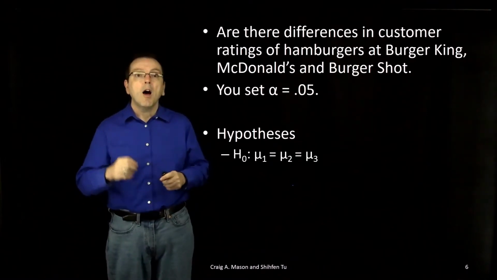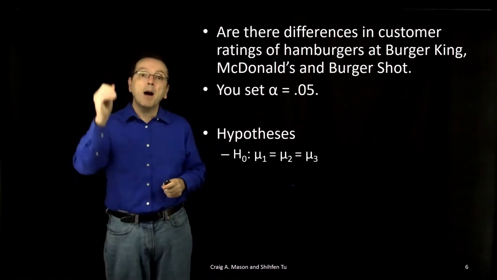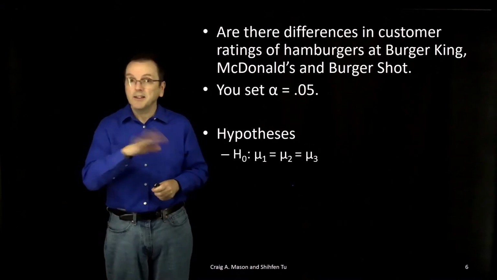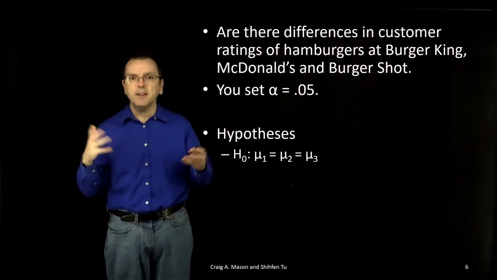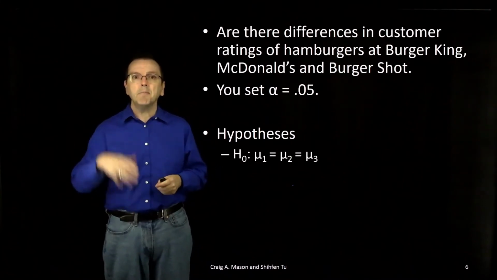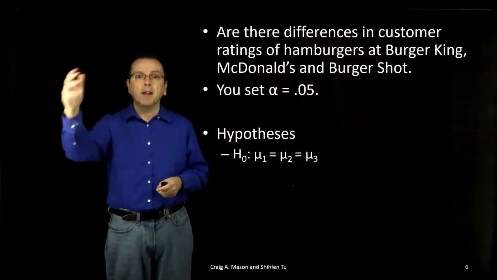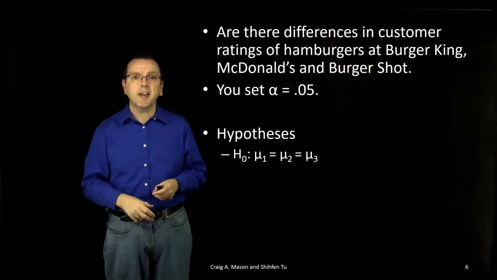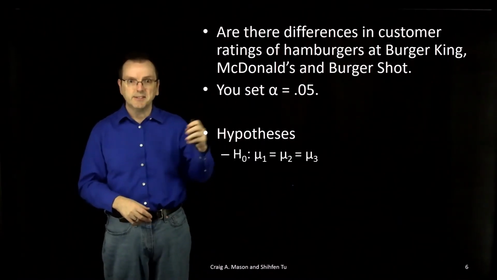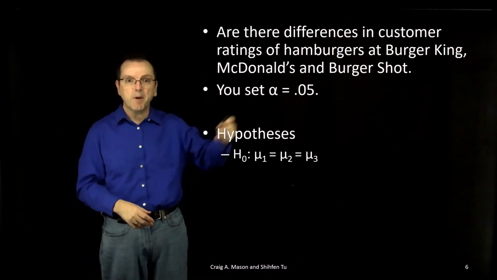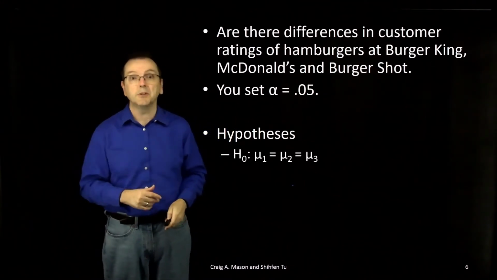Again, remember, our hypotheses are based on the population means, not the sample means. In English, this would be the same as saying that the mean rating for the population of Burger King customers is the same as the mean rating for the population of McDonald's customers is the same as the mean rating for the population of Burger Shot customers.